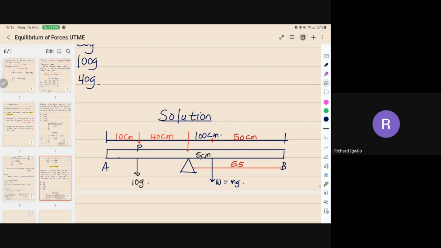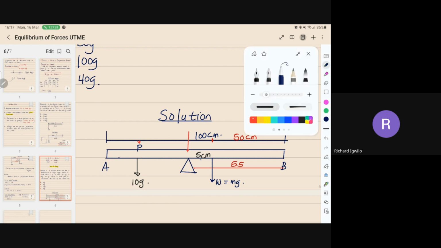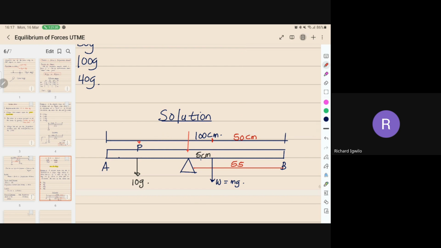To help others understand, note that the entire length remaining here is 45 centimeter. Do we agree? If from here to here is 55, it means that from here down is 45. Do you agree?